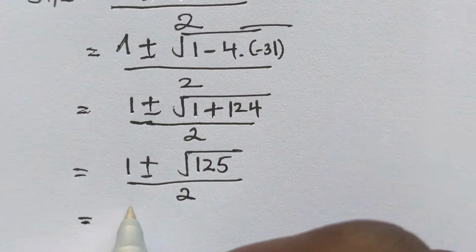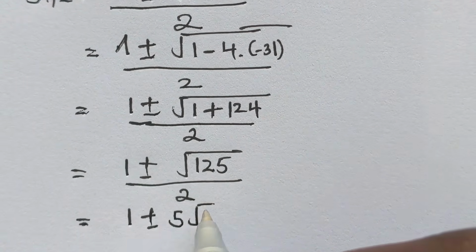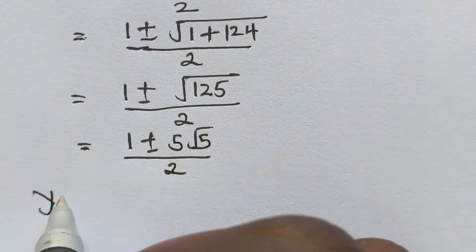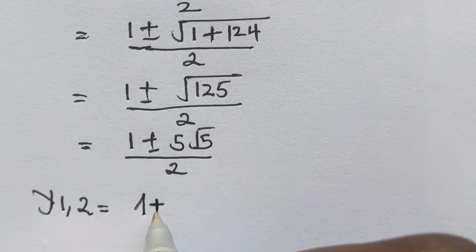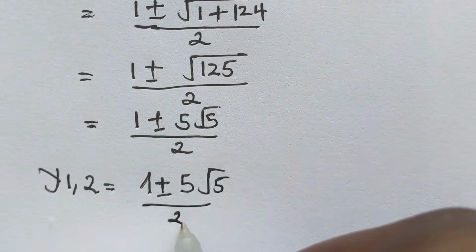This is 25 times 5, which gives 5 square root of 5. So y1 and y2 will be 1 plus or minus 5 square root of 5 over 2.